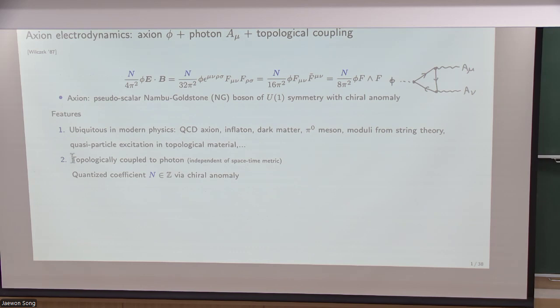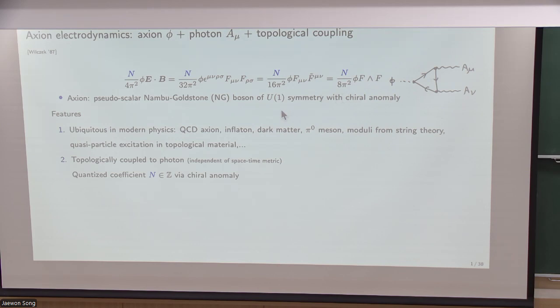There are several expressions of the topological coupling: E dot B, or F F tilde, and F H F. Here, axion, at least in my talk, is a pseudoscalar Goldstone boson of a U(1) symmetry, which can have a chiral anomaly, represented by this triangle diagram.